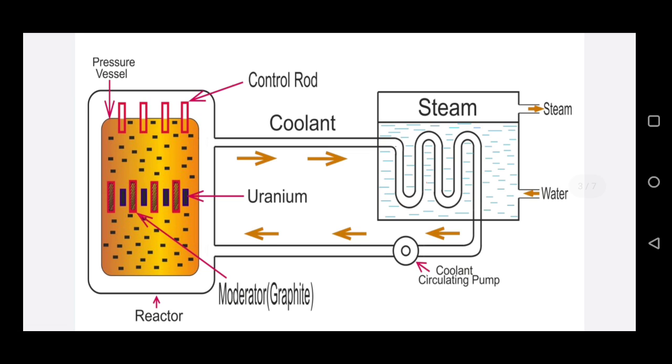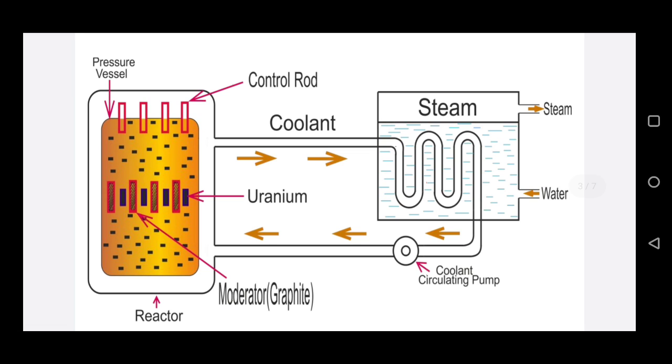Here a large number of fissile atomic nucleus like uranium 235 or plutonium 239 pellets are arranged into rods, and the rods are collected together and made into bundles. These uranium bundles are submerged in water inside the pressure vessel.